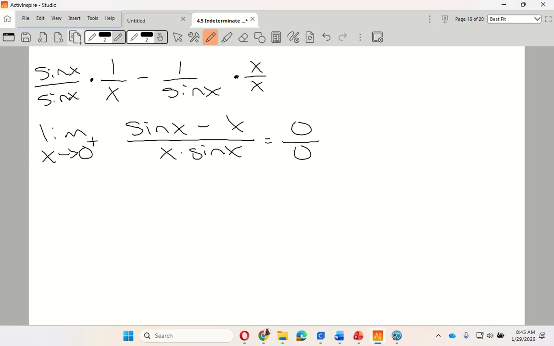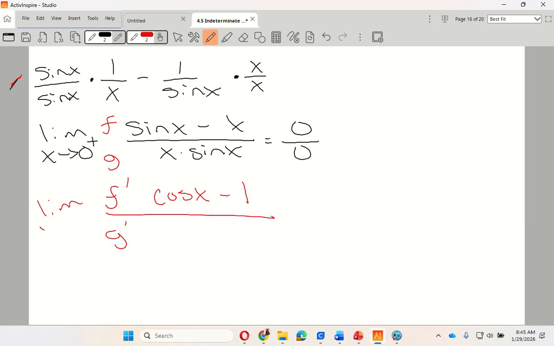Now what I'm going to do is say this top piece is my f, this bottom piece is my g. f prime: derivative of sine is cosine x, minus the derivative of x, which is 1. g prime: that's a product rule, isn't it?